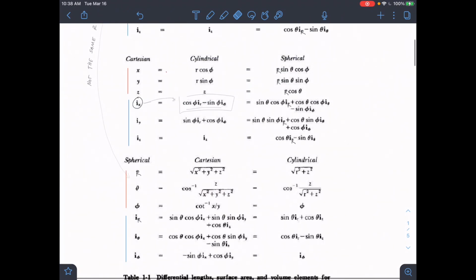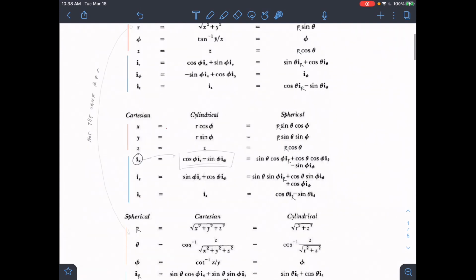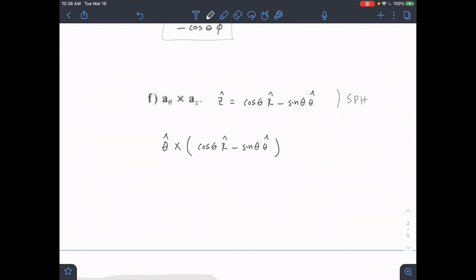Like z hat in Cartesian, I want to go from z hat in Cartesian to z hat in spherical. Or if I go from z hat in cylindrical to z hat in spherical, note that they are the same. Okay, so starting with z and I want to convert to spherical, I would just select it here on the chart. Okay. All right, and let's do our cross product here.